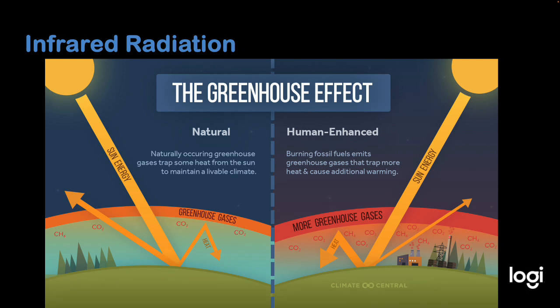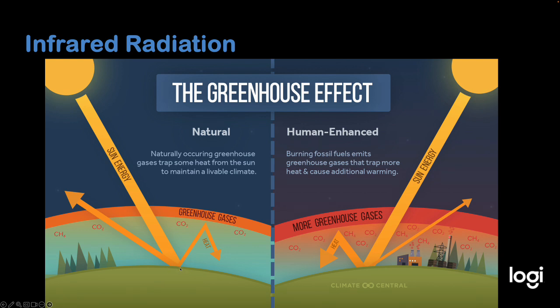Another interesting phenomenon that we want to talk about with infrared radiation is the greenhouse effect. Of course, the sun emits energy across the whole electromagnetic spectrum, but a lot of it comes out in visible light. That visible light comes down and passes through our atmosphere without being absorbed. Then a lot of it gets absorbed by the ground and heats up the ground.